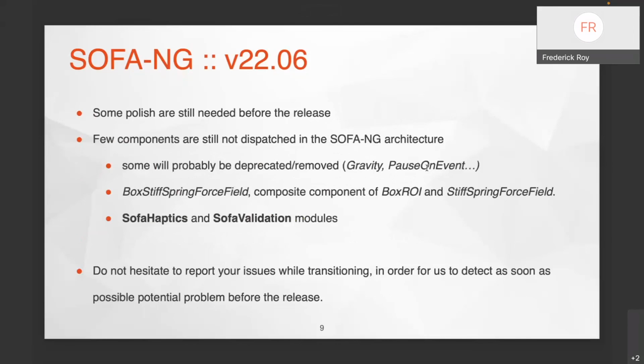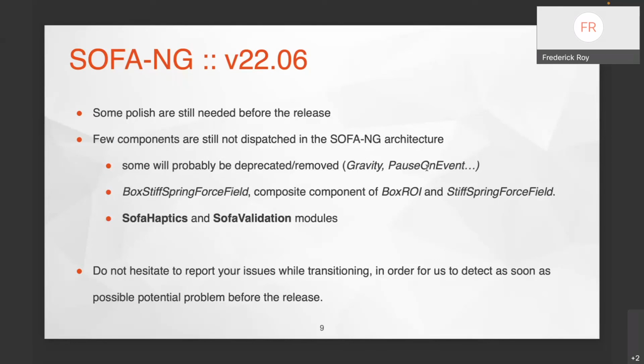So as always, there is still some polish to do. I really want to test as much as possible, to have the least problematic release possible. That's why I'm counting on you guys to already use the master branch for testing this transition layer and the code itself.